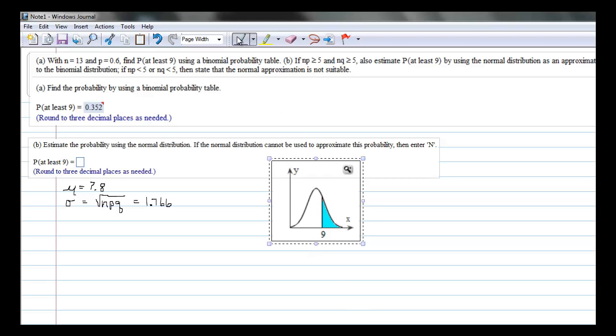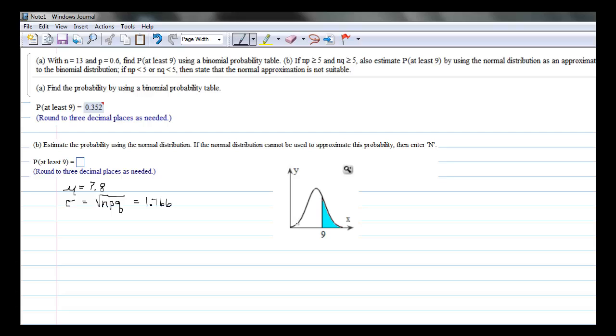Okay, so I went and grabbed a picture to illustrate the area that we are interested in. If it is at least 9, it's 9 or greater in our distribution. So we need the z value for this, and because we are approximating a continuous value from a discrete value, we need to make an adjustment.